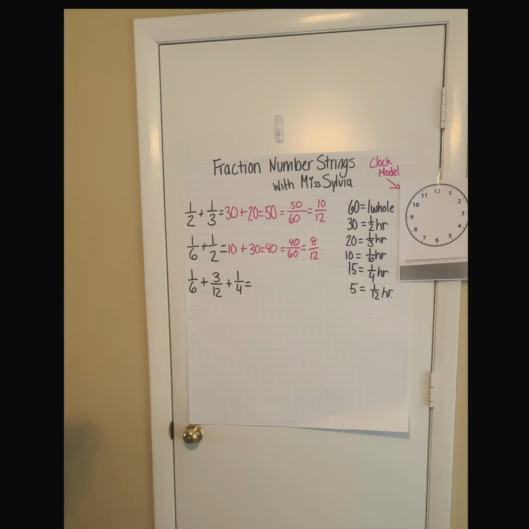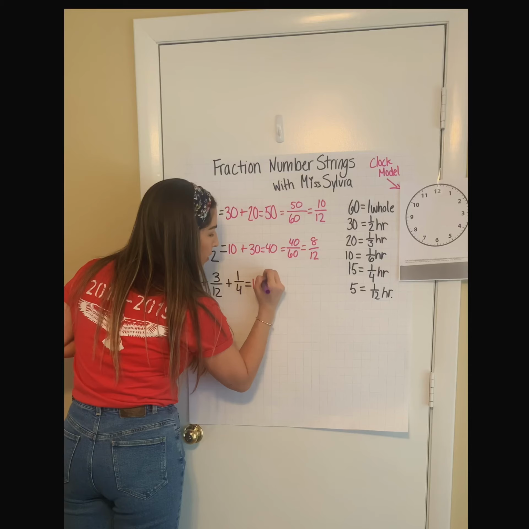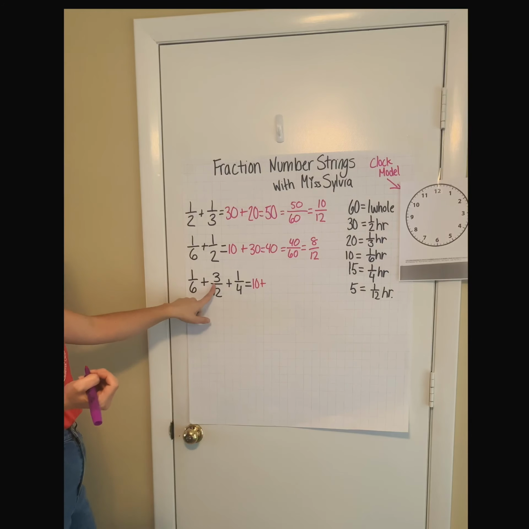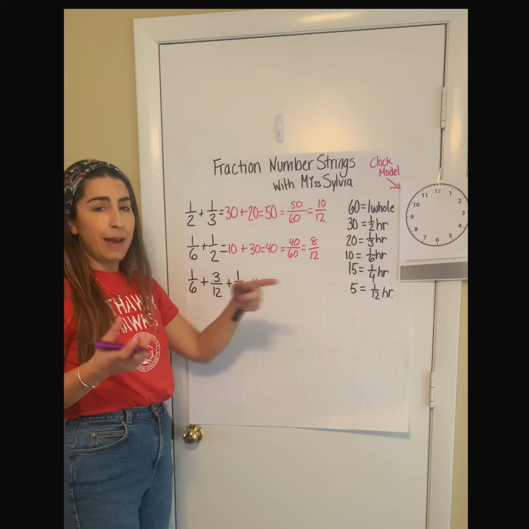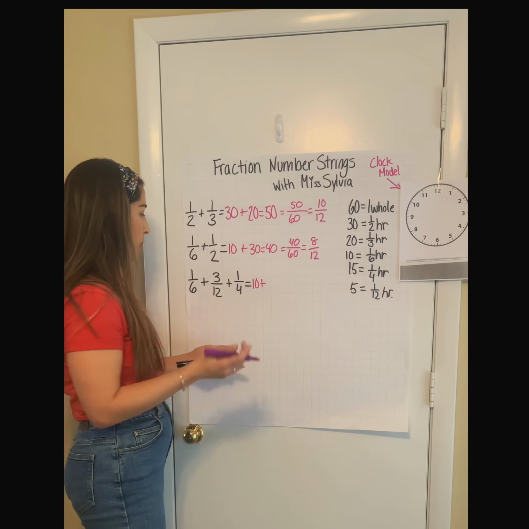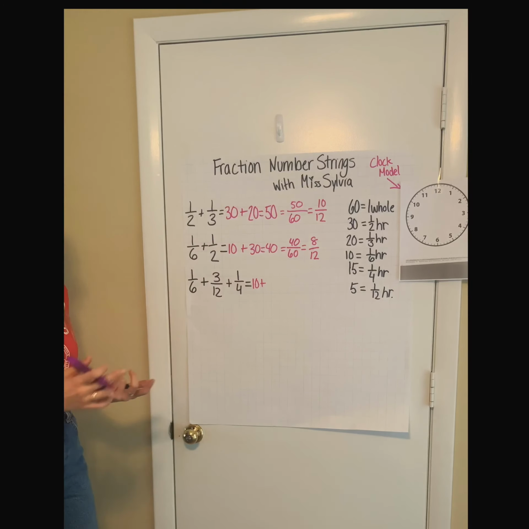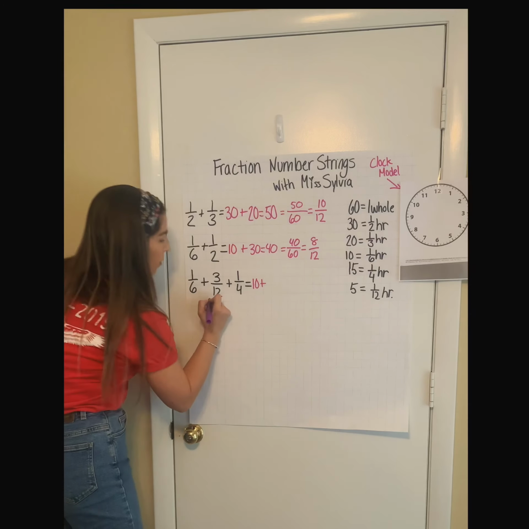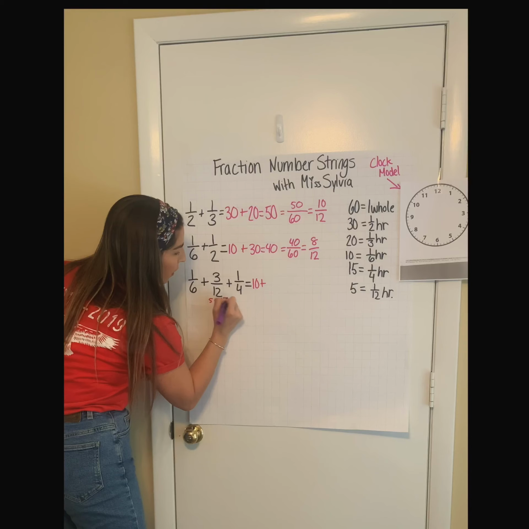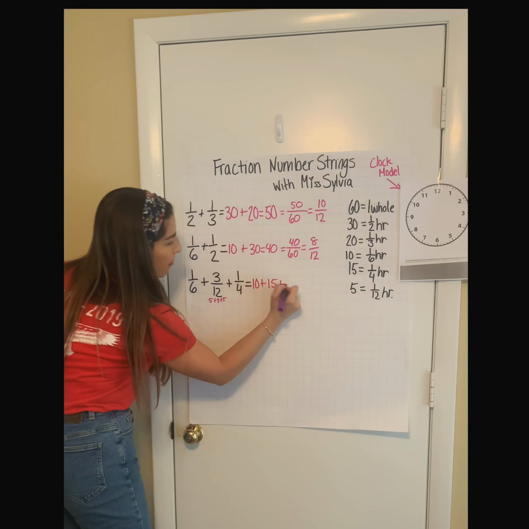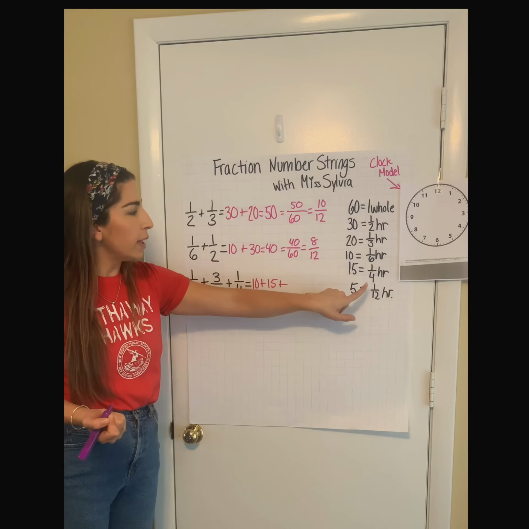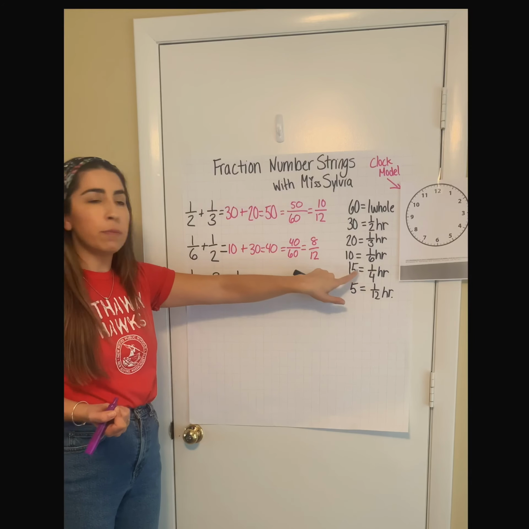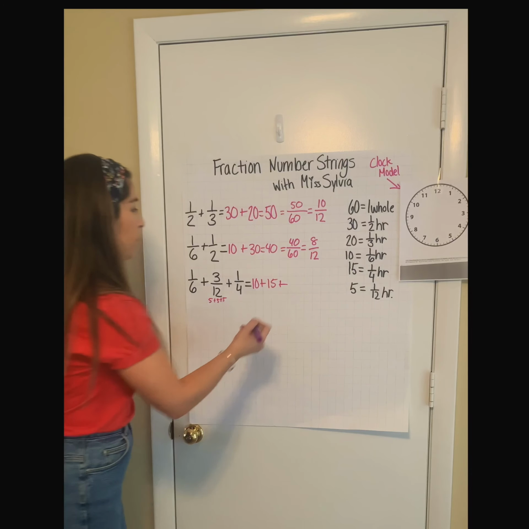So from our last couple of problems, we know that 1/6 is equivalent to 10 minutes. And we can take a look at our key. If 1/12 is equivalent to 5 minutes, how many minutes are equivalent to 3/12? So it'd be 3 groups of 5. So 5 plus 5 plus 5, which would be 15. And we also know that 1/4 is equivalent to 15 minutes. There are 4 groups of 15 within an hour.